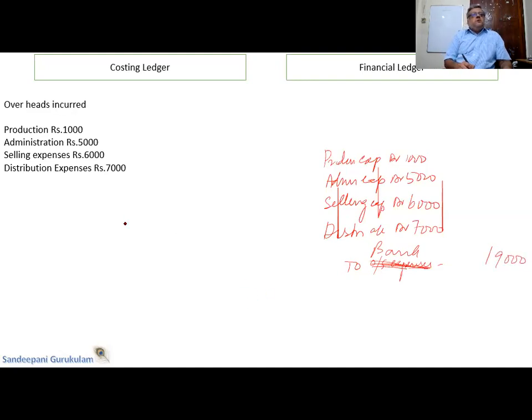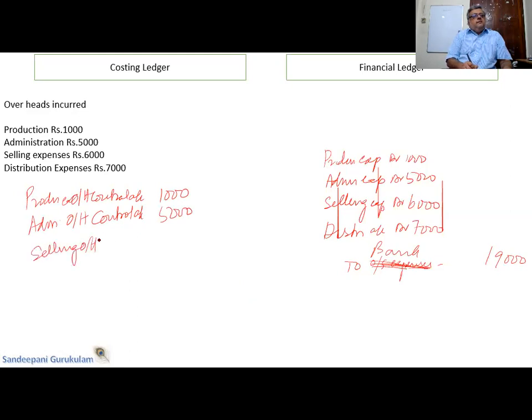So what entry will you put in the costing ledger? In the costing ledger you will repeat the same. Production overhead control account 1,000. Admin overhead control account 5,000.